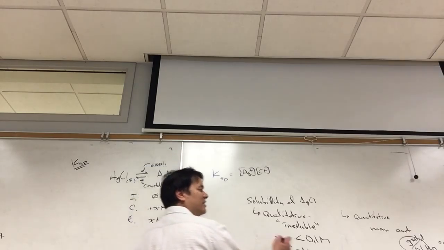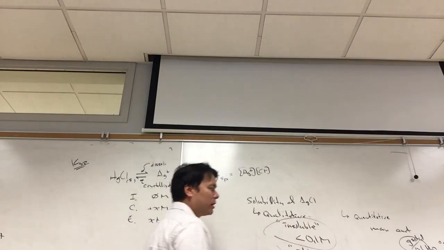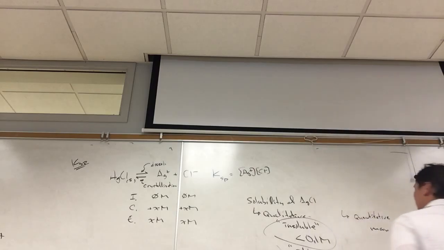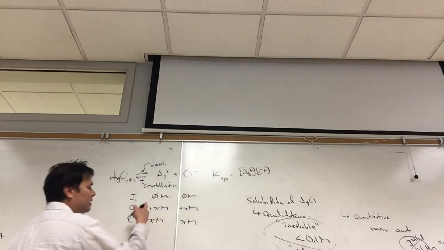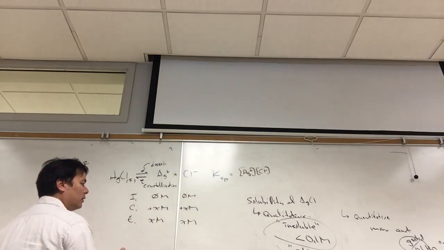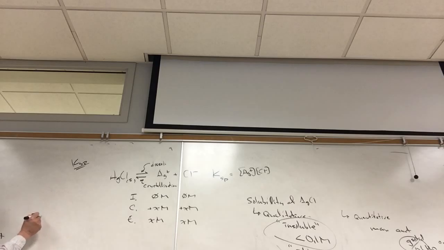Well, for silver chloride, it's less than. People have measured it, and so we can figure it out. Well, what is it exactly? Over here, it turns out that the solubility of silver chloride, which I'll just label S, is going to equal the molar concentration of silver chloride I can get. So how many moles of silver chloride can I get to dissolve in a liter?